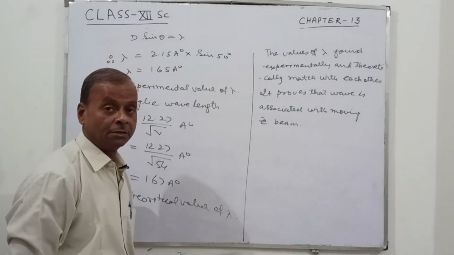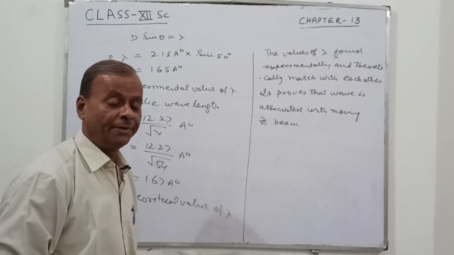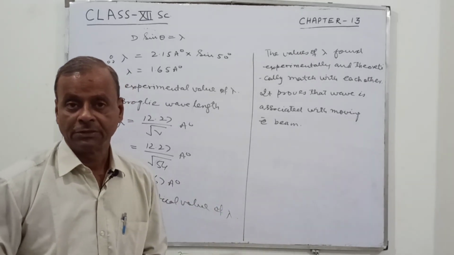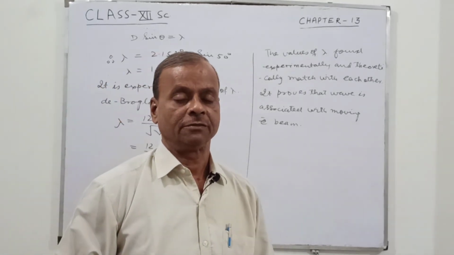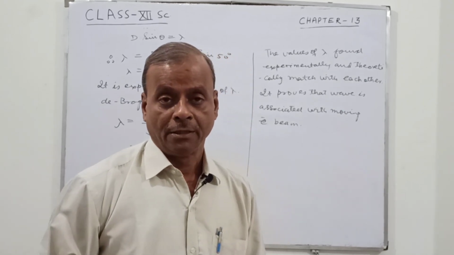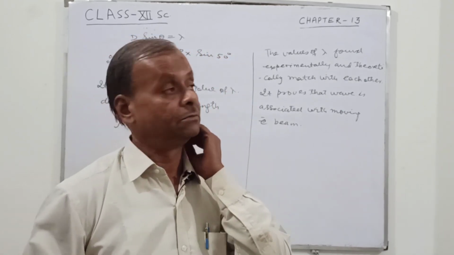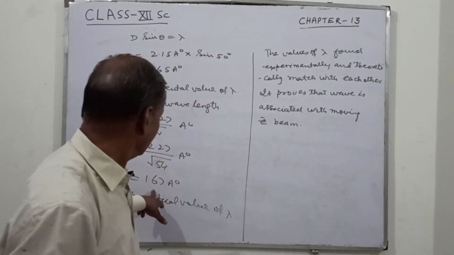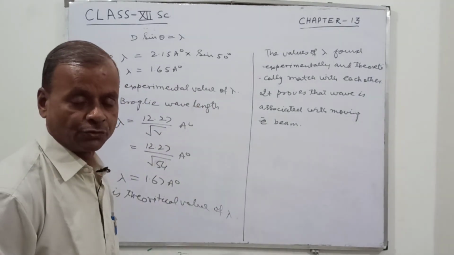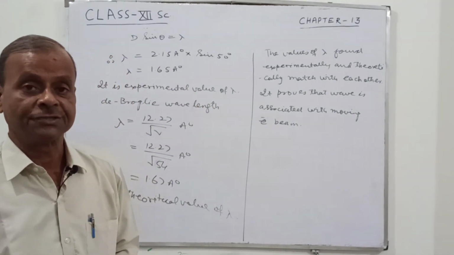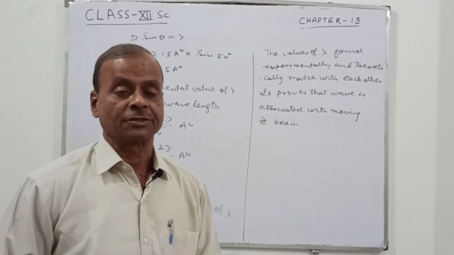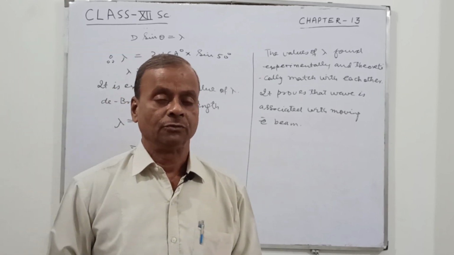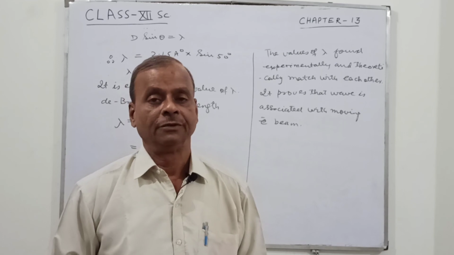So this is the demonstration of matter waves. So this clearly proves that a wave is always associated with the moving matter particle. This is not a very wide difference, it is so small, and it can be considered to be true. Davisson and Germer were successful to show the demonstration of matter waves.